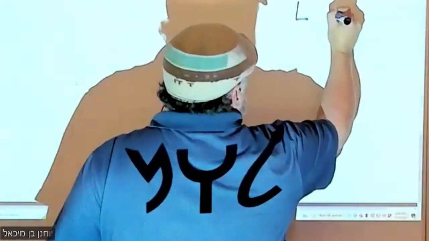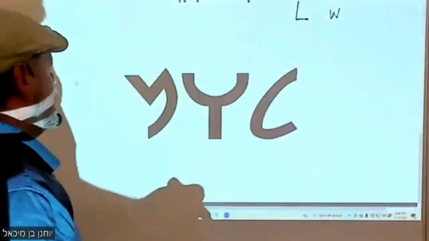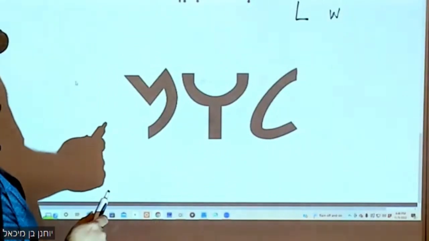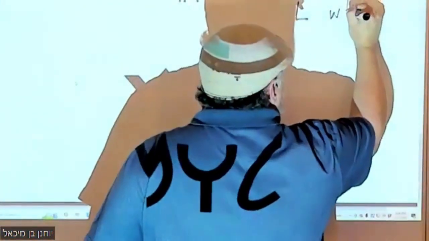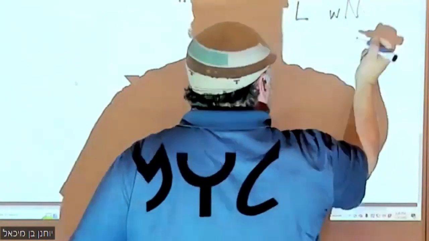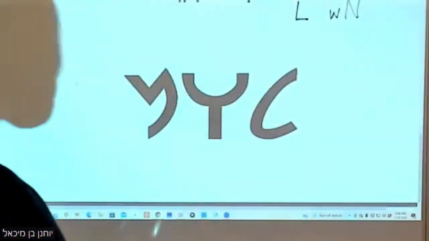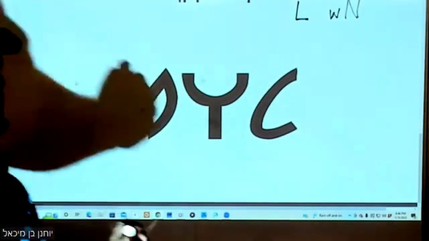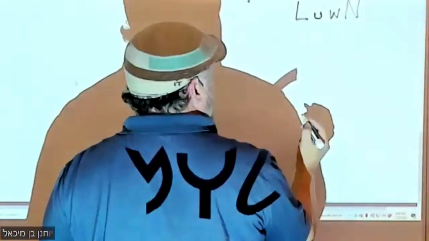So in this case, I'm going to use it kind of as a W sound, okay? And then what we have this last one here. That's a nun. All right? So in order to tie these together, I'm going to have another vowel sound. So what I'm going to do is I'm just going to put a U in here.